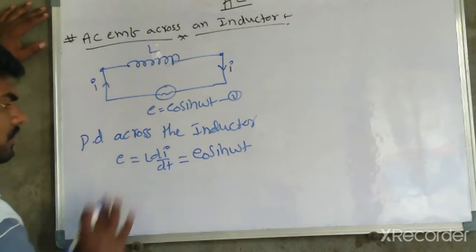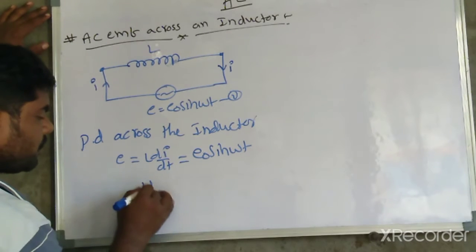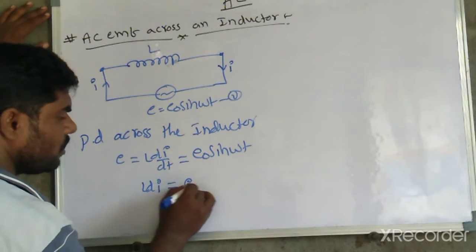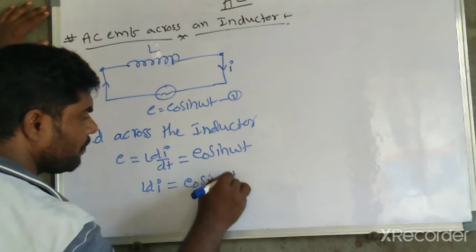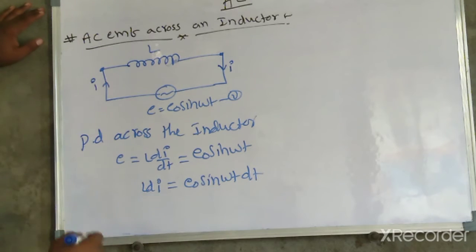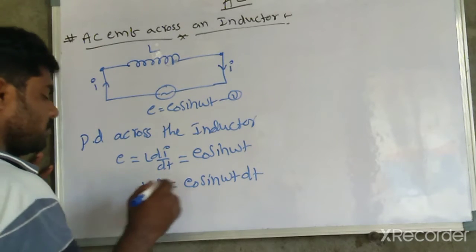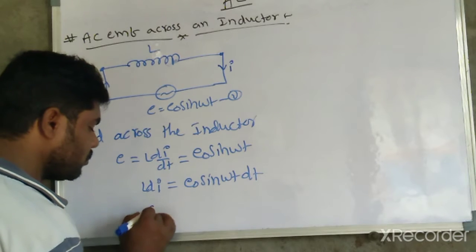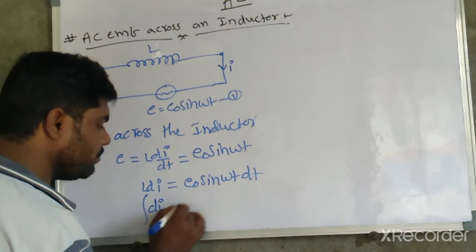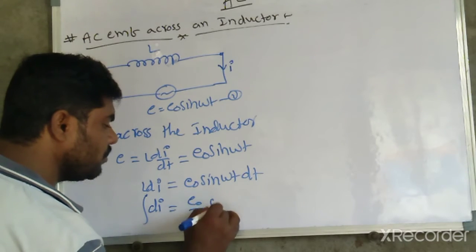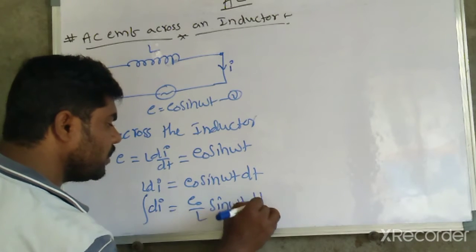With variable separable, you may write L into di equal to E naught sine of omega t into dt. Integrating on both sides, we get the total current. So integral di equals E naught by L into integral of sine omega t into dt.